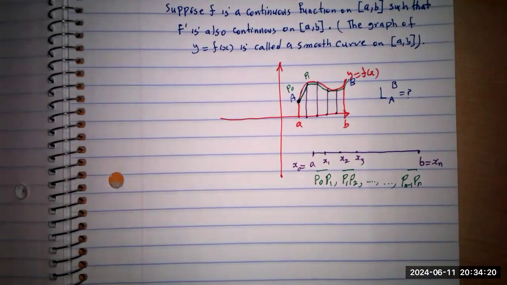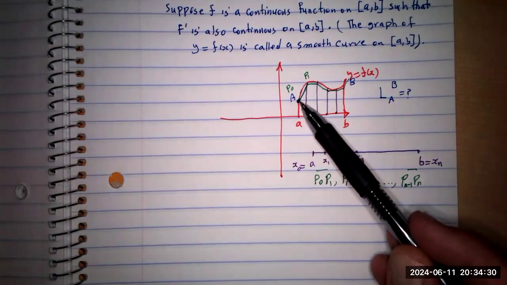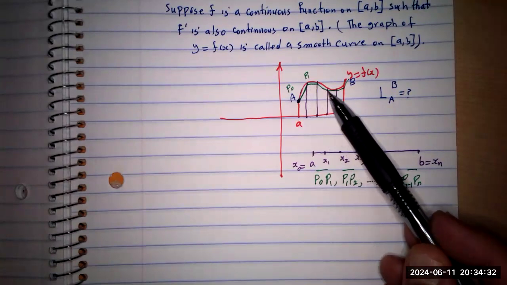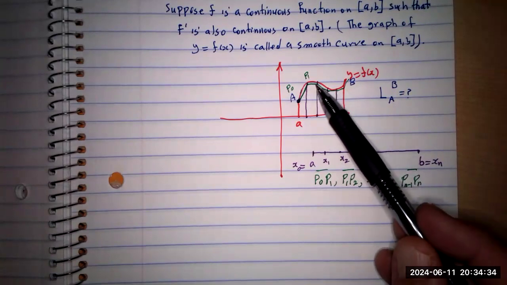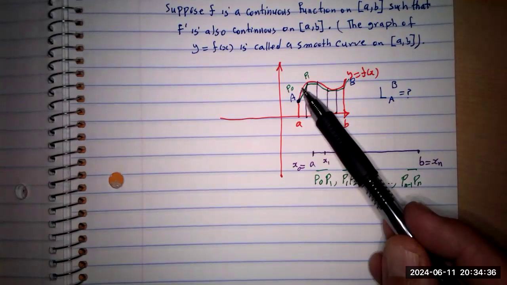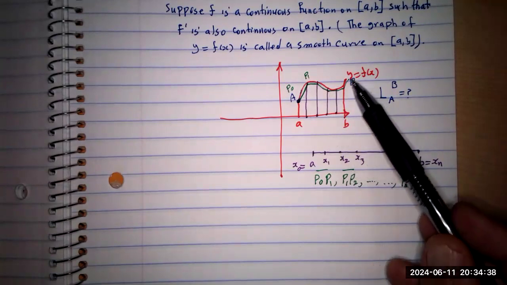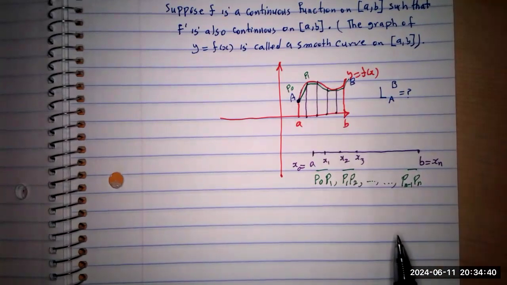What we are going to do is find the length of each segment over here. If we add them together, that gives you the length of the polygon here. But then we can estimate the arc length by this portion.